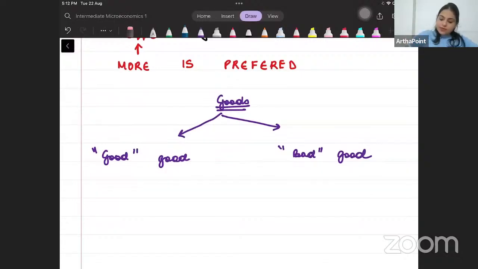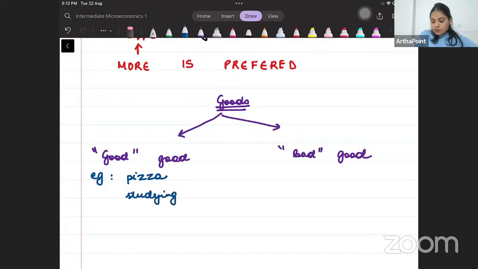Just for example, I love pizzas. So pizza is a good for me, right? I love studying. So studying is also good for me. I love leisure. Leisure is also good for me, right?